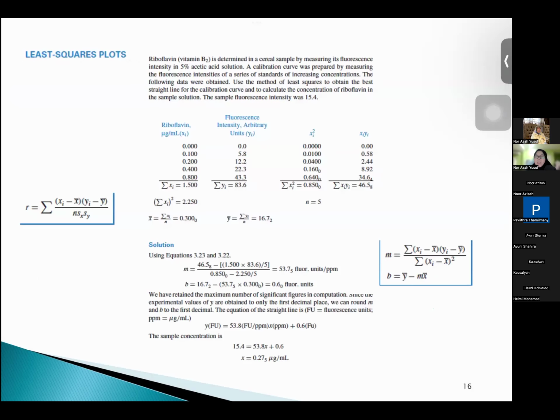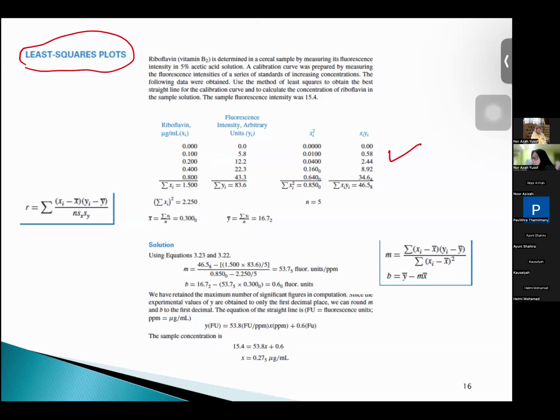Right. So I just want to recap. This is what we have done during last week, showing an example of how to calculate using the least squares method.